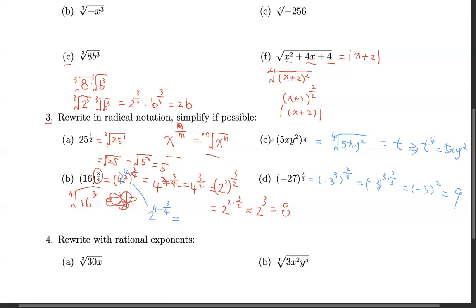How do we write this in radical form? The index is 3. The index is the denominator in the exponent, right? Denominator 3, so it's the index. And negative 27 raised to the power 2, because you see negative 27 raised to 2/3. So I need to keep the parentheses with me. But after simplifying, that's just 9.